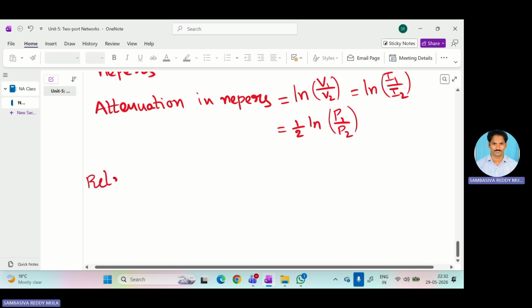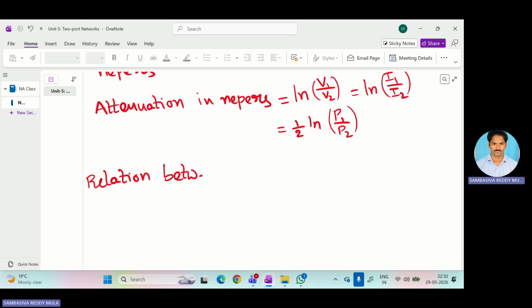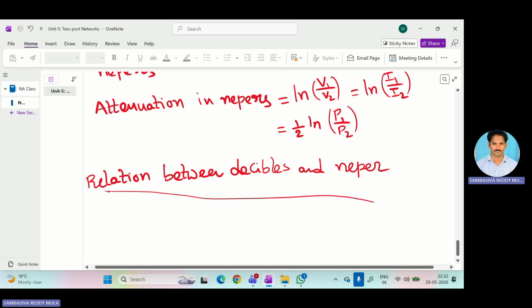Let us see the relation between decibels and Nepers. As we know the relation between logarithm base 10 and log base e, the same we'll use for getting the relation between decibels and Nepers.